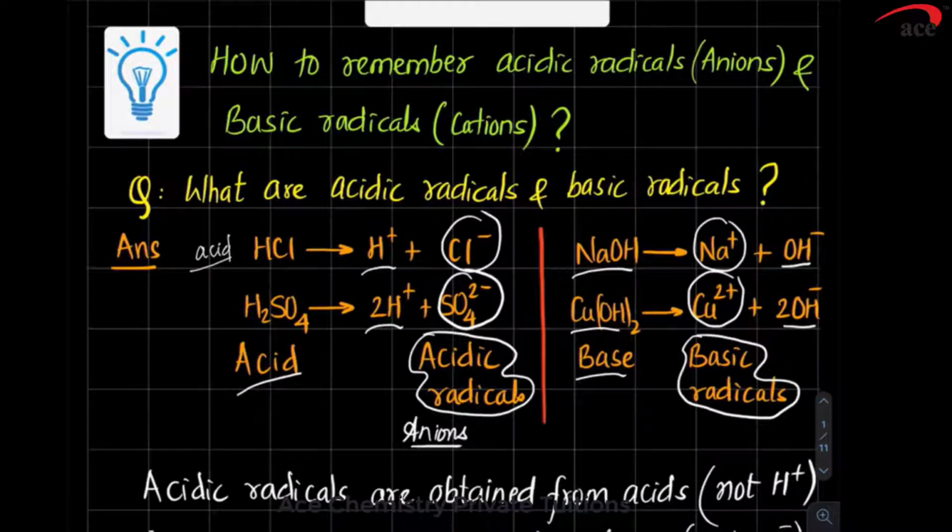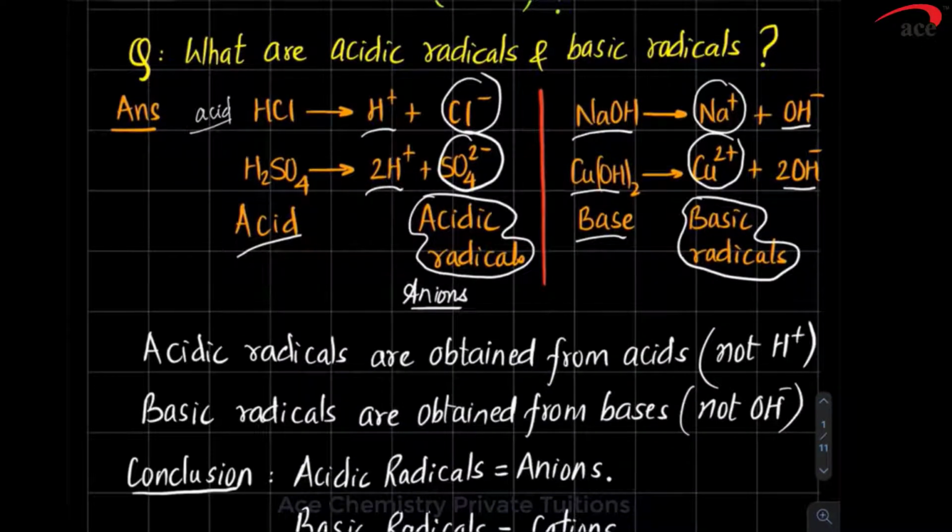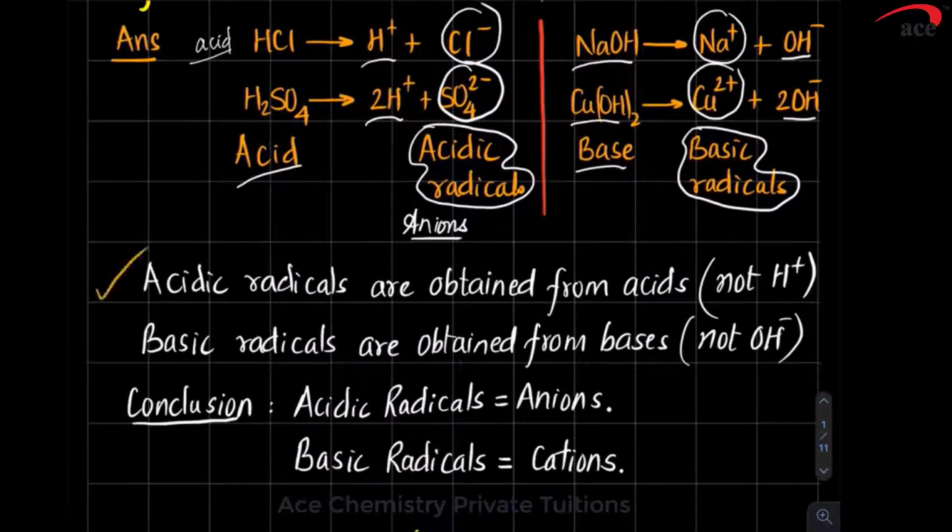Basic radicals are those which are obtained from bases by loss of OH-. So acidic radicals are those obtained from acids by loss of H+, and basic radicals are those obtained from bases by loss of OH-.